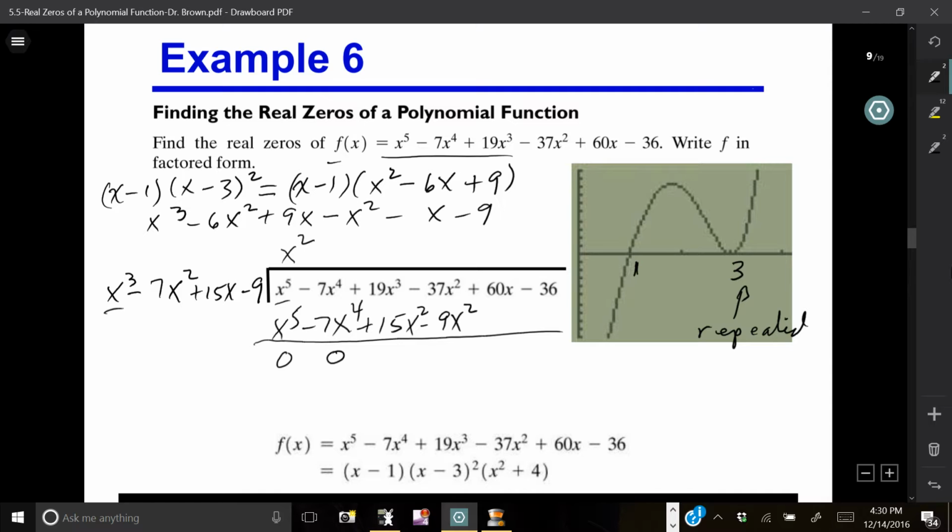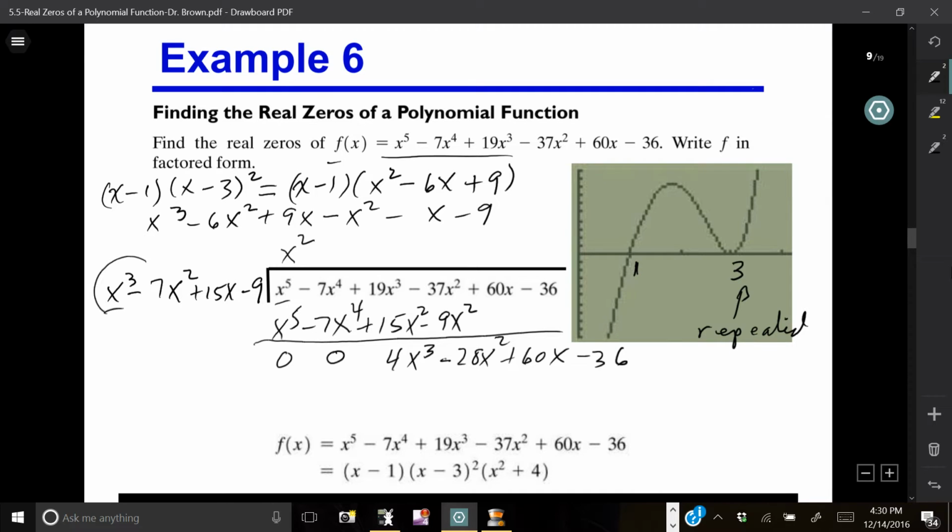19x cubed minus 15x cubed is 4x cubed. Minus 37x squared minus 9x squared is minus 28x squared. Bring down the 60x and the minus 36.